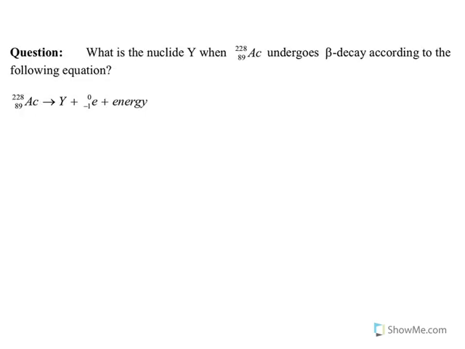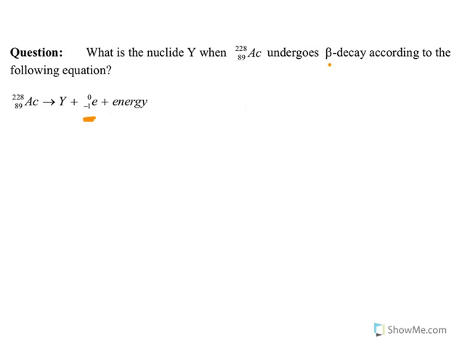So we've got an example. It says, what is the nuclide Y when Ac undergoes beta decay according to the following equation? This time they've given you an equation, and in that equation it's going to tell us what sort it is. Otherwise you need to be told whether it was beta positive or negative. When we look at our equation, we can see it's the electron one.